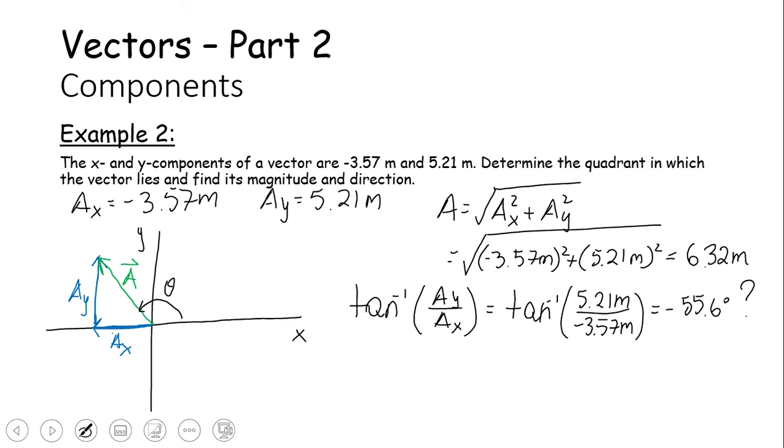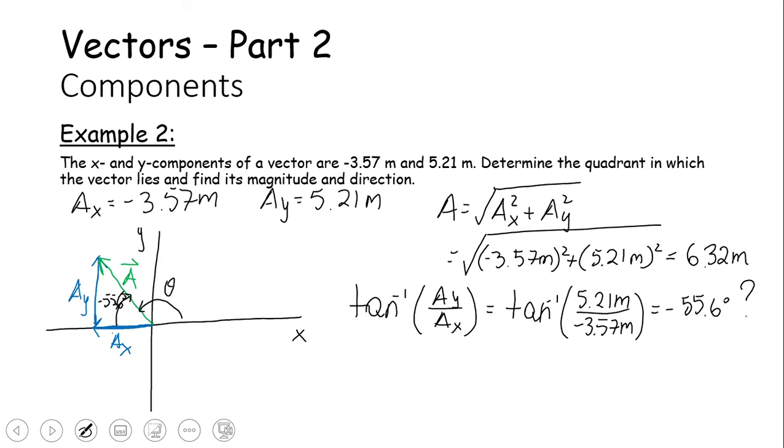You're getting a negative number because your calculator is seeing a negative argument for the inverse tangent, and it's giving you not the counterclockwise angle, but in this case, this angle here. So this is the angle negative 55.6. Why is that angle negative? It's negative because it's measured clockwise.